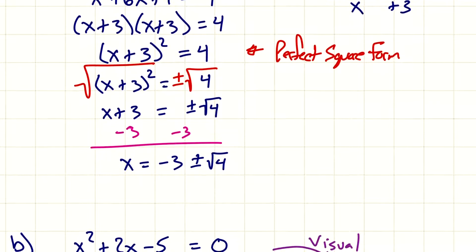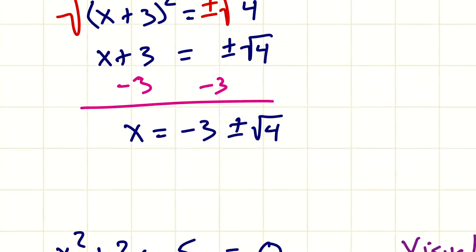But it does simplify some more. So this is actually going to be x equals negative 3 plus or minus 2, because the square root of 4 is 2, since 4 is a perfect square.